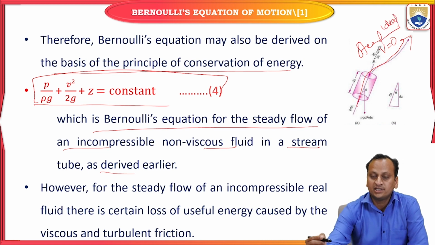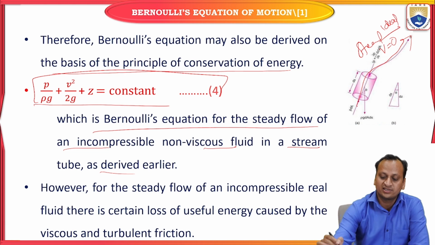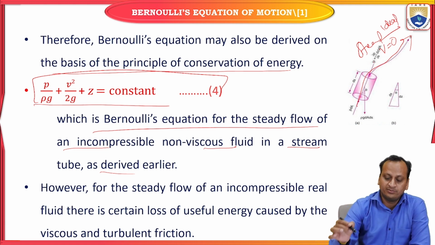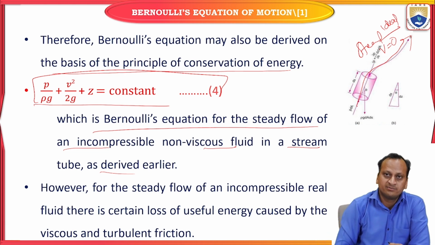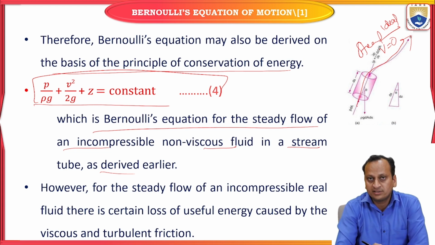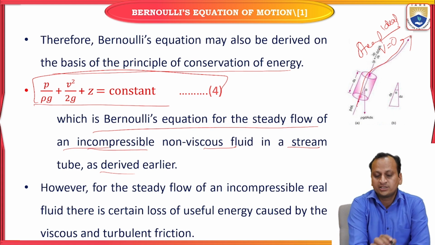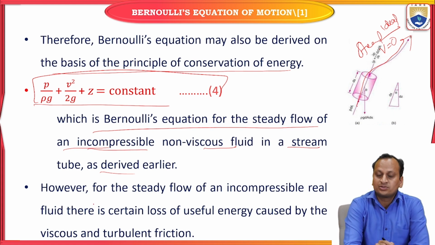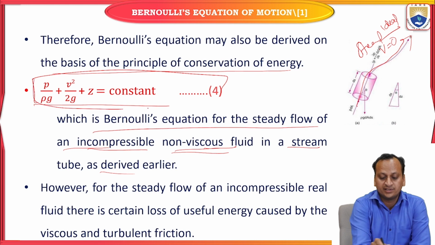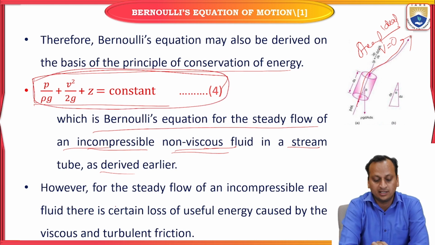It is possible for ideal fluid only, in which viscosity remains 0. Because before deriving Bernoulli's equation, the assumptions are provided: it must be steady, incompressible, irrotational, and also non-viscous. Ideal means non-viscous. So for those cases, this equation 4 is applicable.